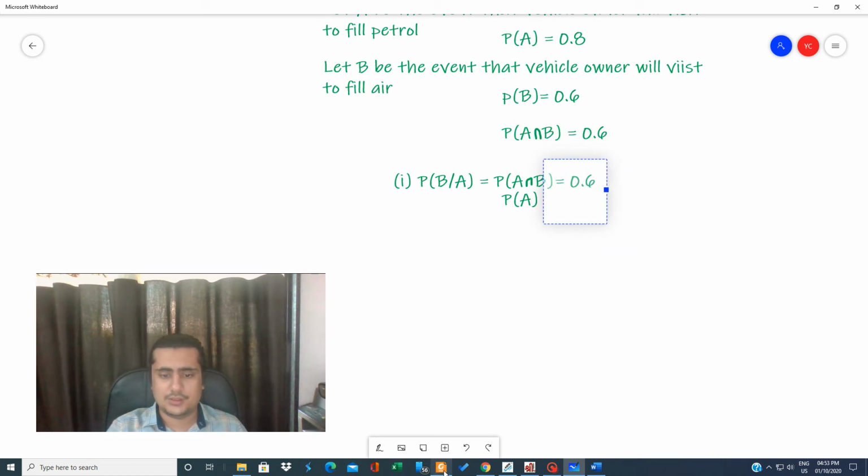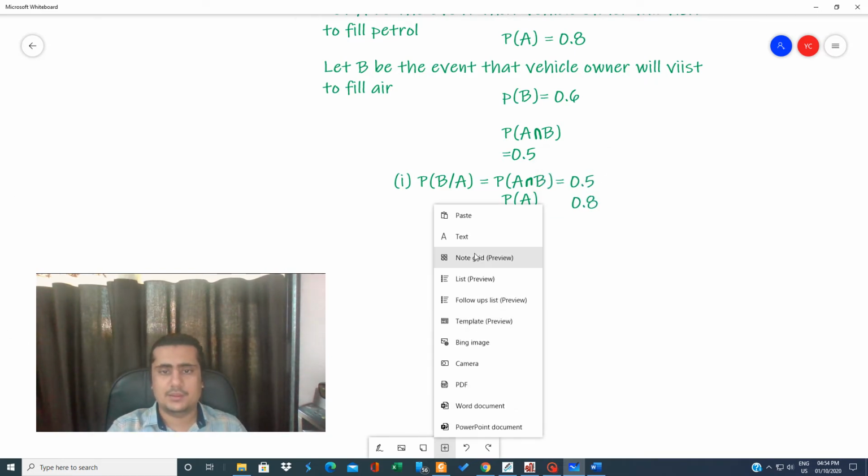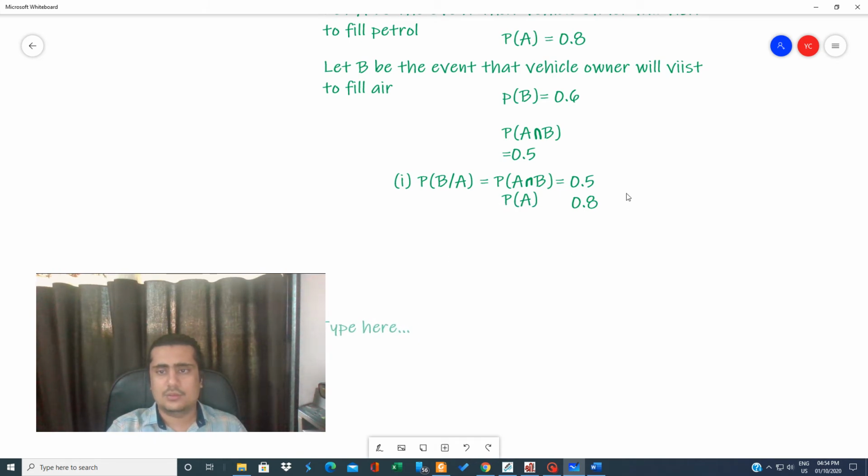This intersection is actually 0.5, upon P of A, which is 0.8. So 0.5 upon 0.8, the answer is 5 by 8.